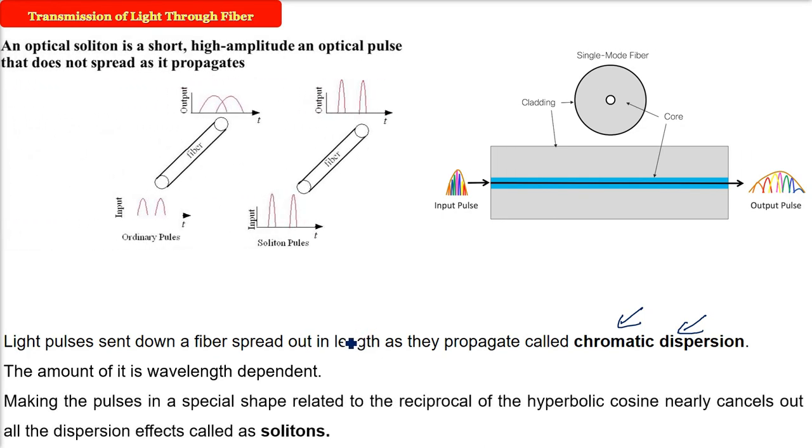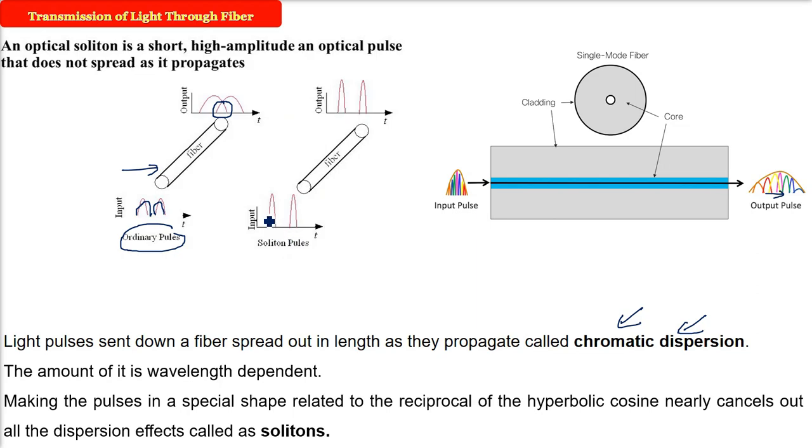But we can do certain things here. I'll talk about solitons. Now this is the ordinary pulse. When you send it through fiber, there will be chromatic dispersion, as you see here and in the figure on the left also.